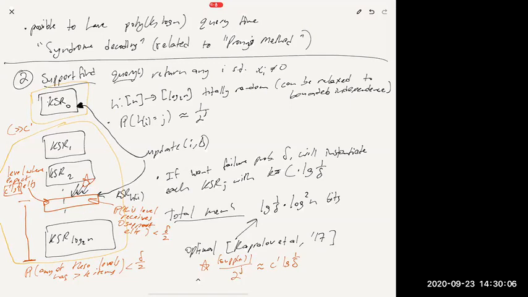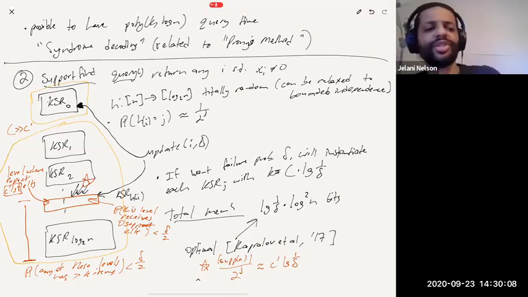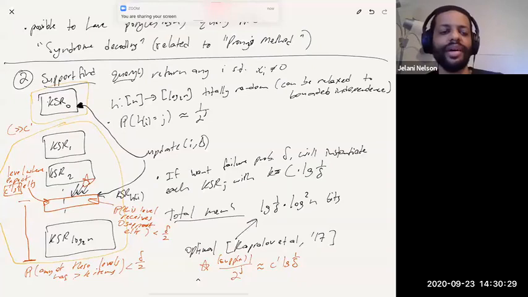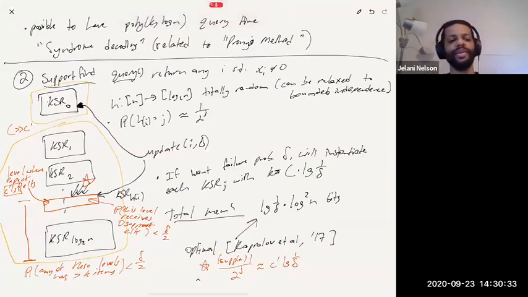Yeah, I think you're right. Even if the vector originally is sparse, then I know that the union of the supports of all the KSRs combined is at most c log 1 over delta. So any KSR that receives something from the support will have support size at most k as well.